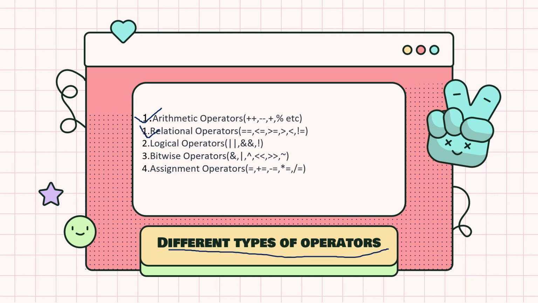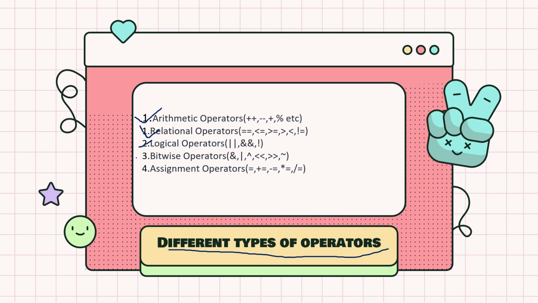Second are relational operators, which are used to compare two operand values like A and B. Now we have logical operators, which always return a value like true or false. They are used to check whether conditions are satisfied or not.